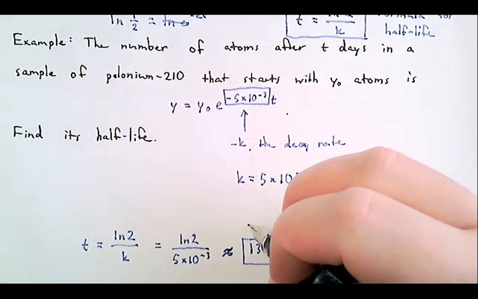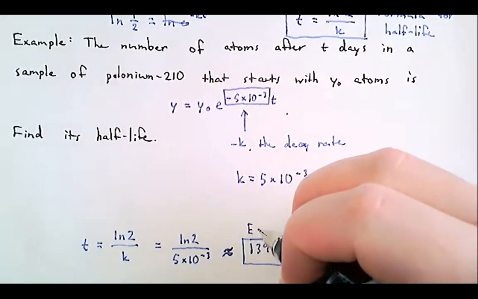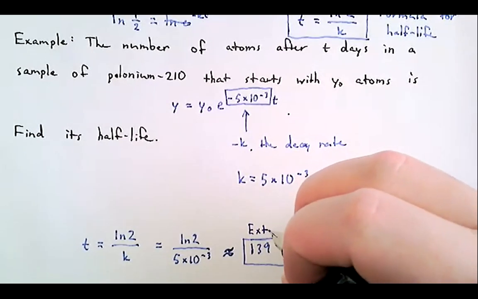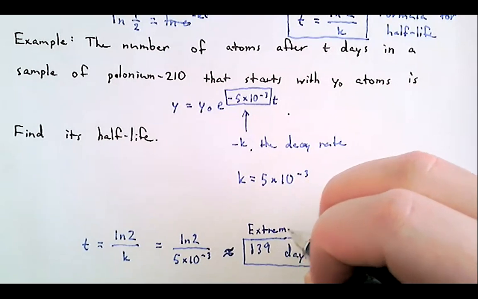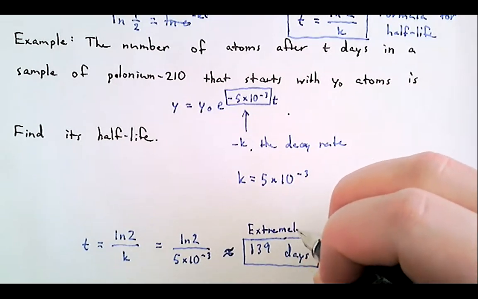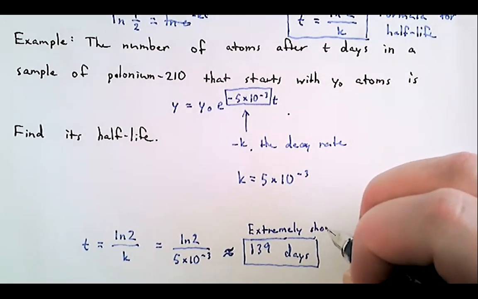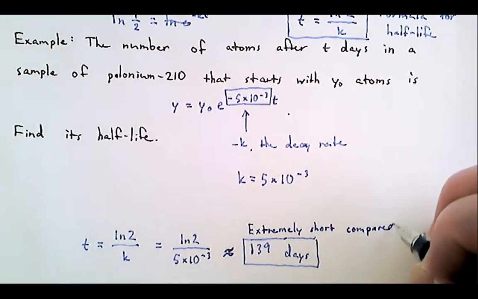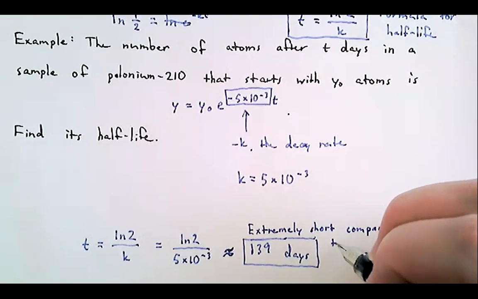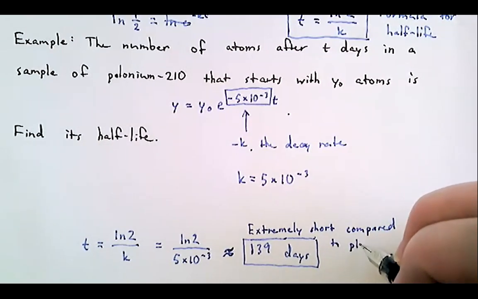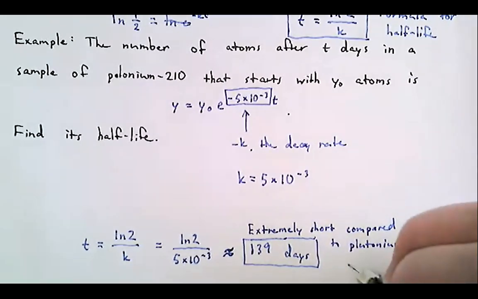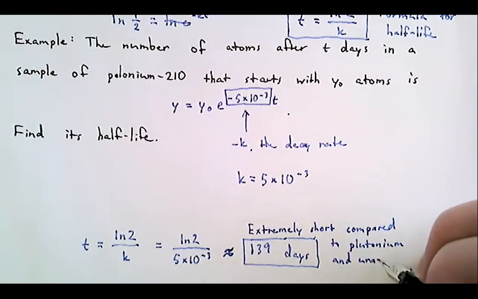This is actually an extremely short half-life, at least in relative terms, compared to things like plutonium and uranium, which you can also look up. But these are the two that you might be more familiar with.